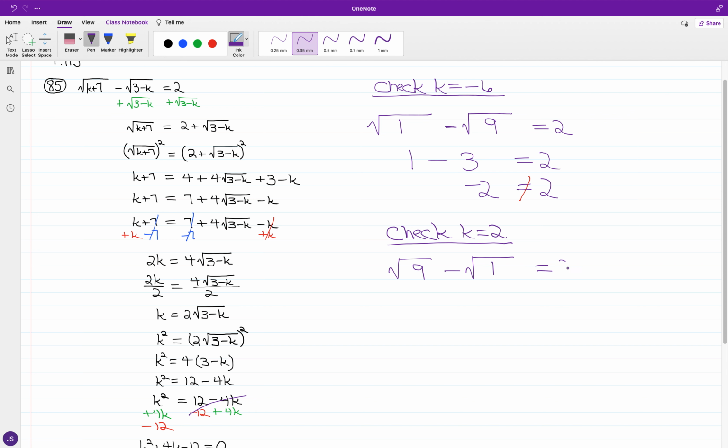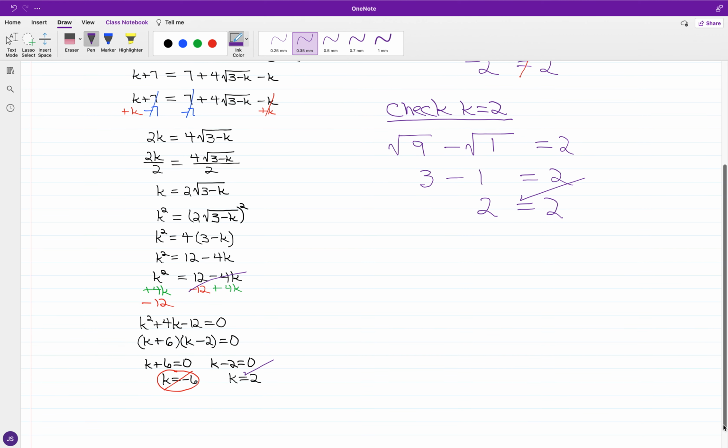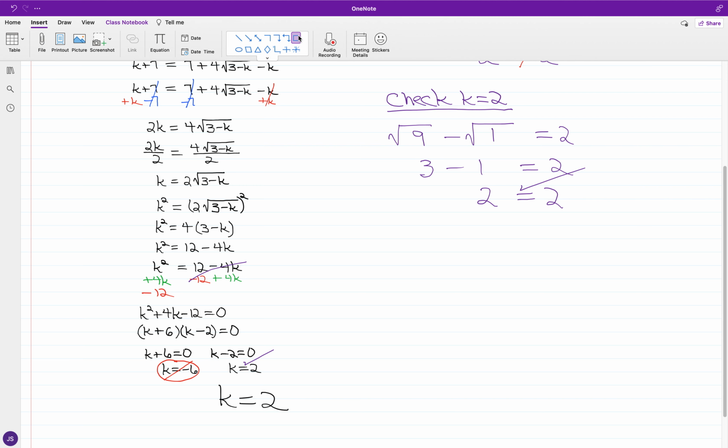We have is equal to 2, and the square root of 9 is 3, minus the square root of 1, which again is 1. 3 minus 1 is 2, and 2 is equal to 2, so this is going to check out, and so 2 meets the requirement of everything that is required for it to be a solution. So for this equation with two radical terms, there's only one solution, and that is k is equal to 2.